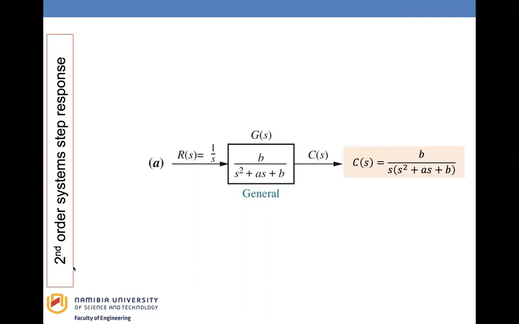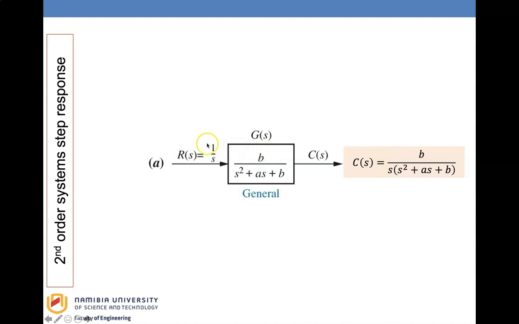The block diagram in figure A is a general form of a second order system with two poles and no zero. Using this generalized system, we will show how changes in the parameters a and b yield different responses of the system. Note that changes in the numerator only have a scaling effect and will not affect the form of the derived result.